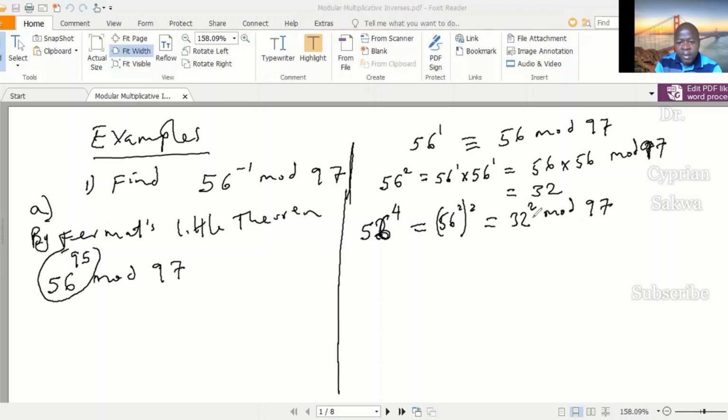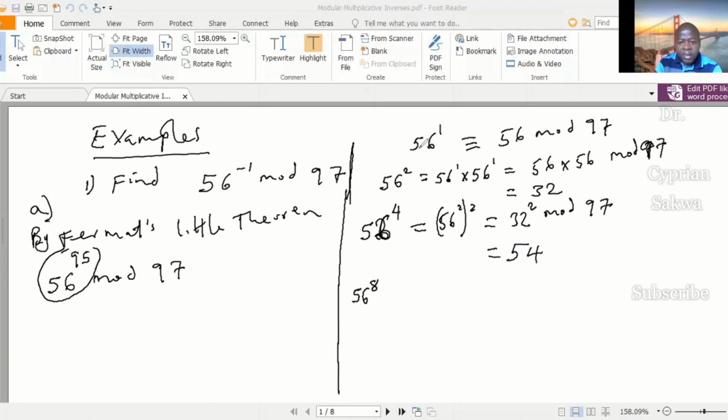What's the remainder when 32 squared is divided by 97? You just use your calculator again, and I get 54. We just take 32 times 32, divide by 97, and write the remainder here. The remainder is 54.